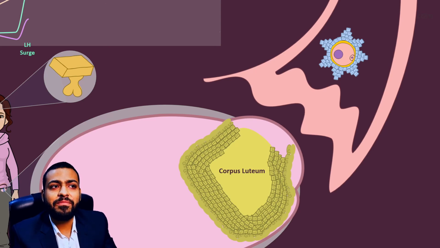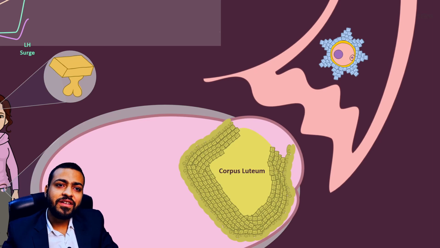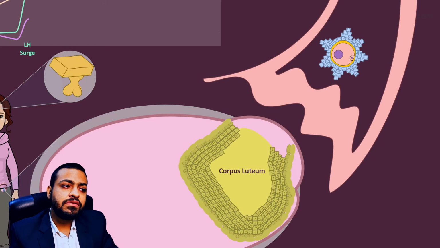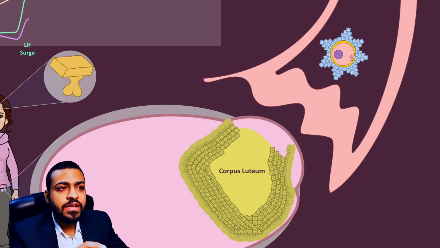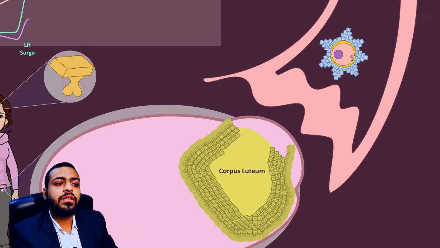We now call it yellow body. Corpus means body, luteum means yellow, so it is yellow body. And this formation of corpus luteum demarcates the beginning of the post-ovulatory phase, right? The post-ovulatory or luteal phase will start as soon as corpus luteum forms. Because LH is causing formation of corpus luteum, both directly and indirectly, this LH is called luteinizing hormone.